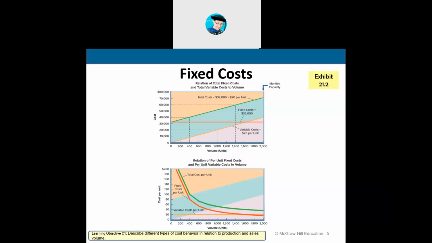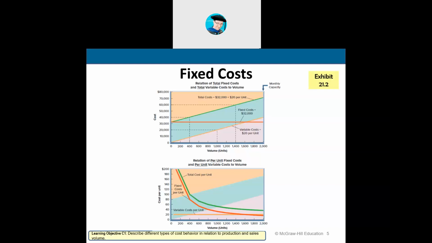And the reason for that is, if I produce 5 units, I have a high total fixed cost per unit. If I produce a lot, my total fixed cost per unit is going to be lower.